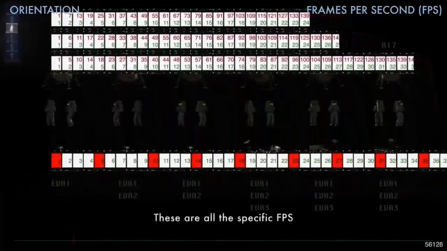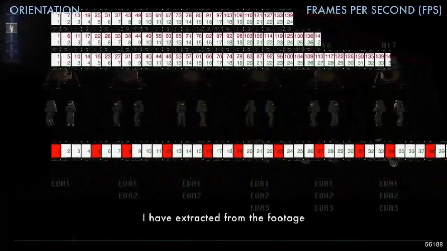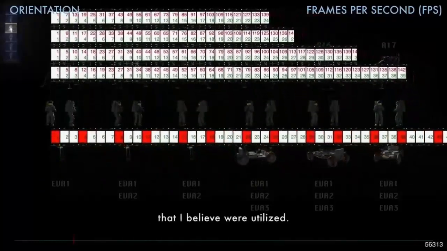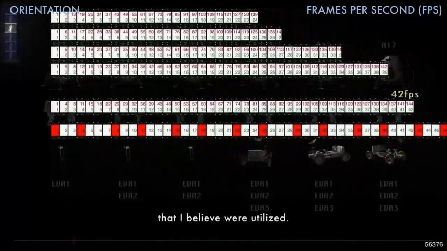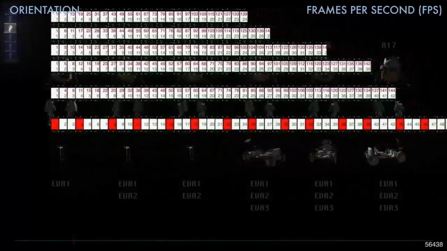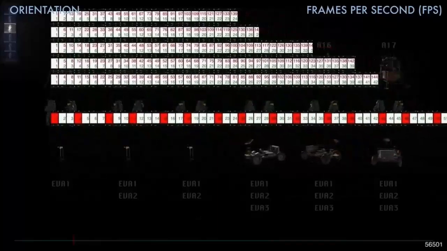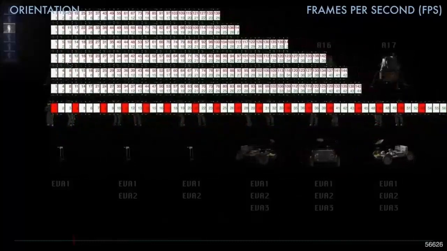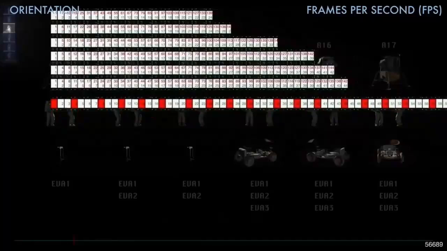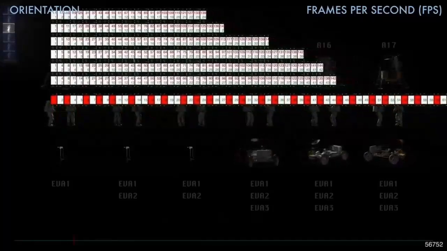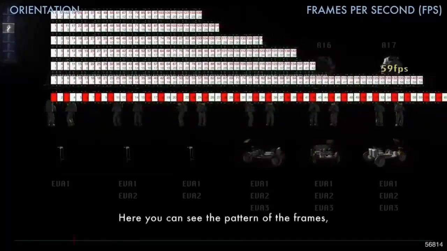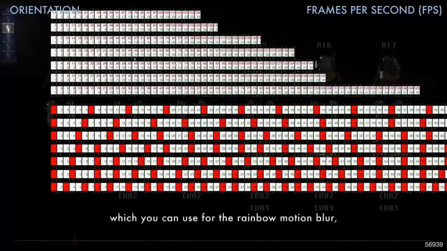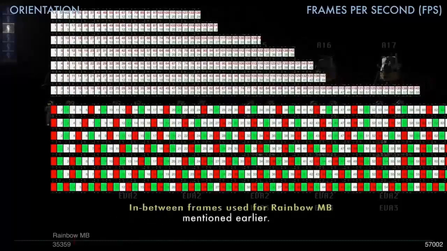There are all the specific frames per second that I have extracted from the footage that I believe were utilized. Here you can see the pattern of the frames, and the ones that have some in-between frames which you can use for the rainbow effect mentioned earlier.